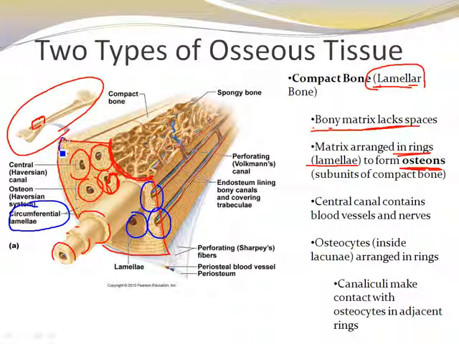So you just have a few lamellae that extend all the way around the outside of the long bone at that point. You have a few of those, and then as you move inward from there, you start running into these osteons that are all hooked together to make the rest of that compact bone in the long bone.